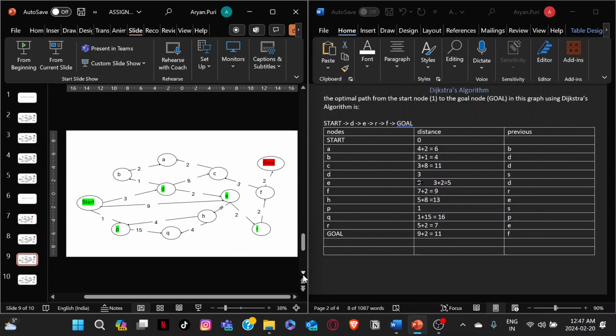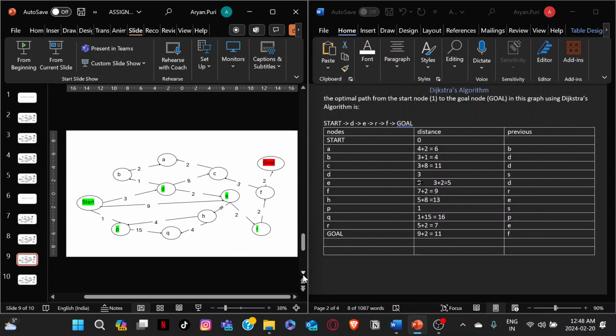Now the next node visited is E node and its neighbors R and H are entered with the distance of 5 plus 2, 7, and 5 plus 8, 13 respectively. After this node A is explored as it has no neighbor. Next node R is explored which has one neighbor, that is our F node.